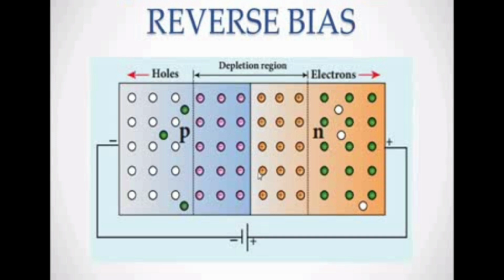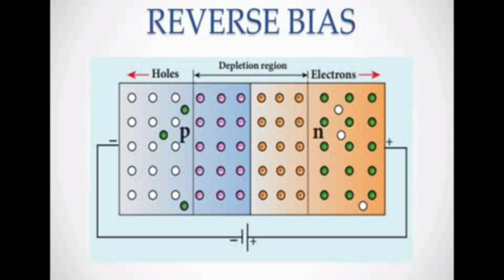When you apply the potential difference to the PN junction diode, there is an attractive force acting between the holes and the negative terminal, and at the same time between the electrons and the positive terminal. They are attracted to each other, so the depletion layer becomes wider. The depletion region increases, so the wall increases.